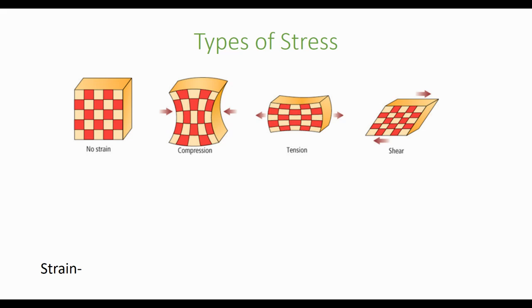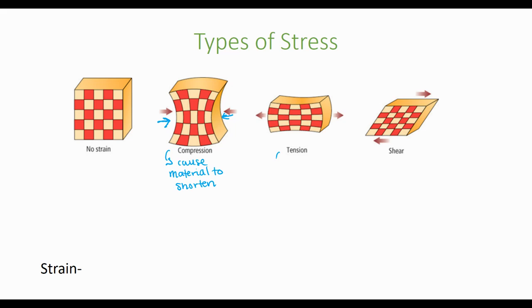The types of stress, once again, are compression. So compression is going to cause material to shorten. And you can see that it is a squeezing force because the rock is being pushed together from both sides.